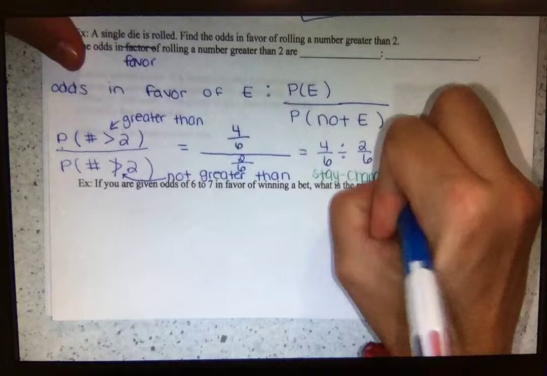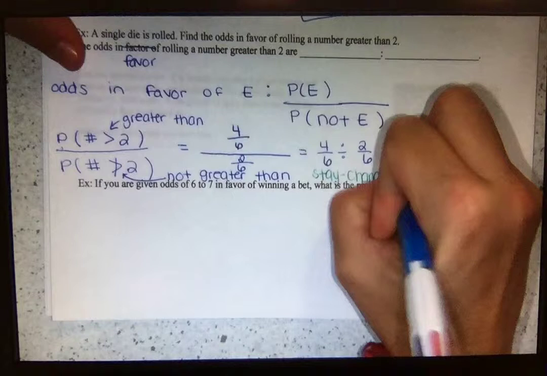Going back to what we did in the beginning, if they give us the odds of A to B in favor of winning, our probability that we will win equals A over A plus B.